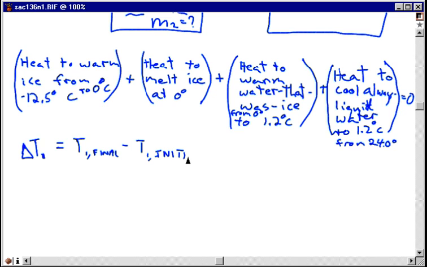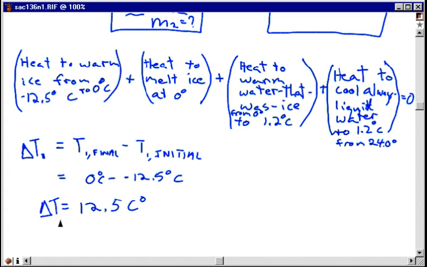The 1 for sample number 1, that's the water that was originally ice. And here it is still ice. 0 degrees is its final temperature, solid water, minus 12.5 degrees Celsius. And that's a temperature change of plus 12.5 Celsius degrees.